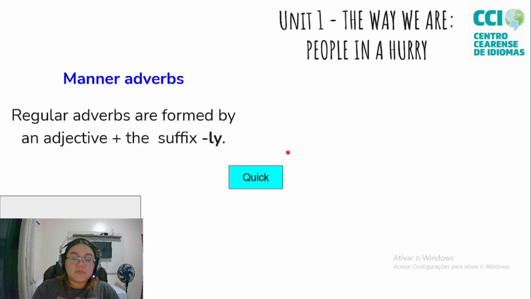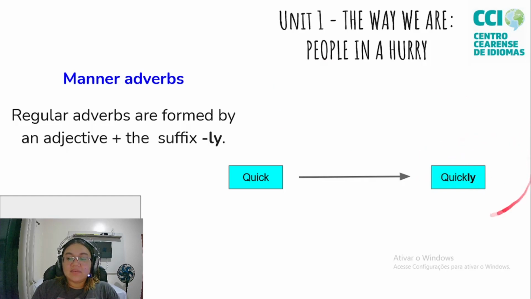The adjective. This is the adjective quick, right? So if we want to make the adjective quick become an adverb, what we have to do is add this ending right here, quickly. Now this is an adverb.